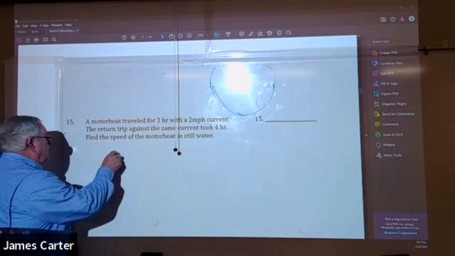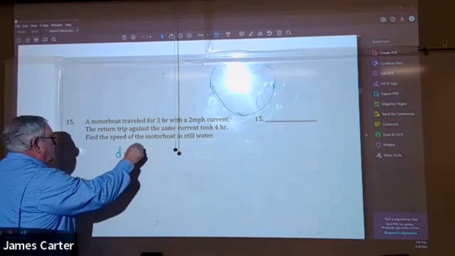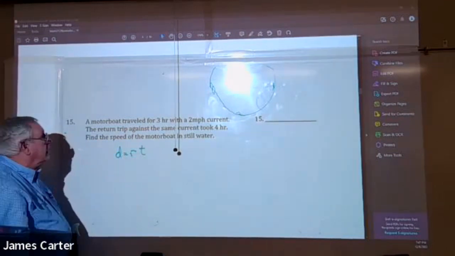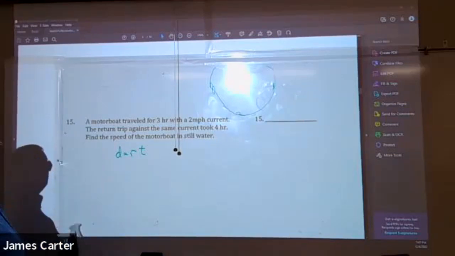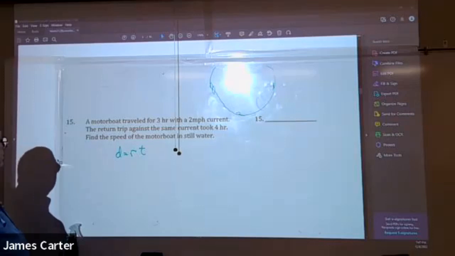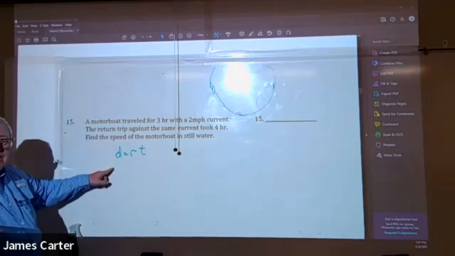What's our basic formula? D equals RT, right? Well, the distance is going to be the same on both of these, right? Distance is going to be the same.